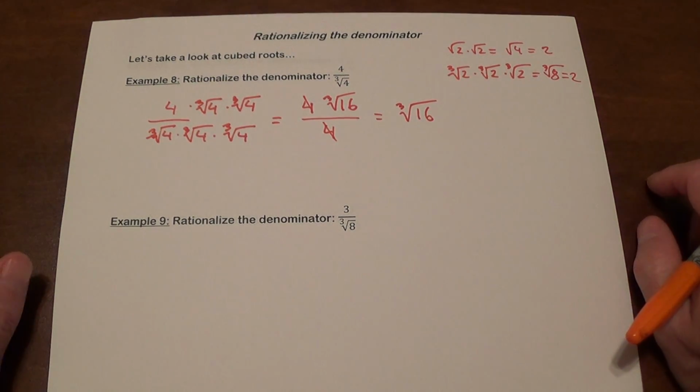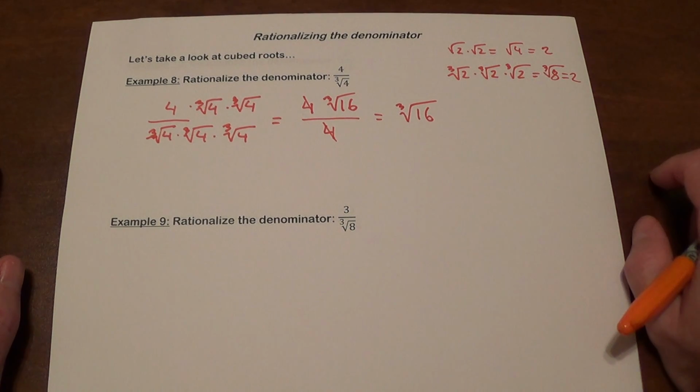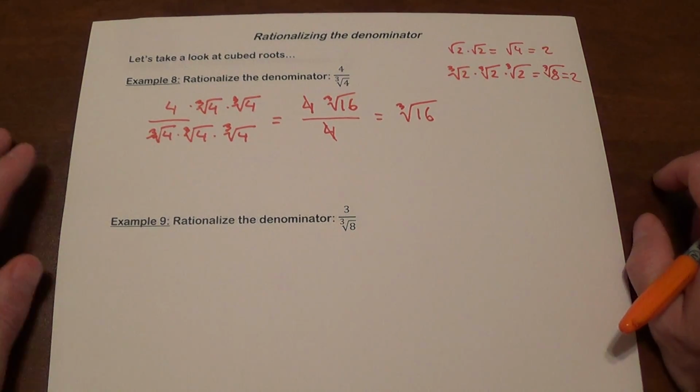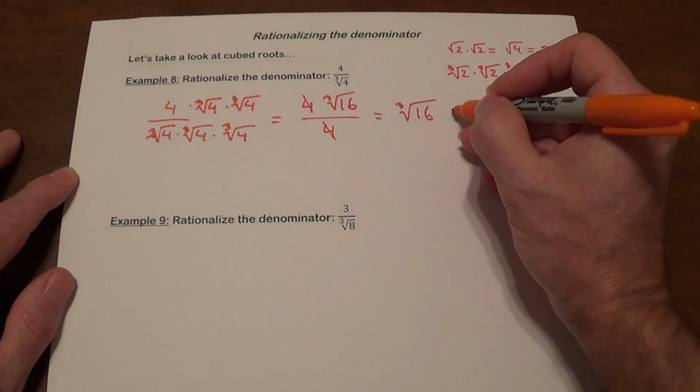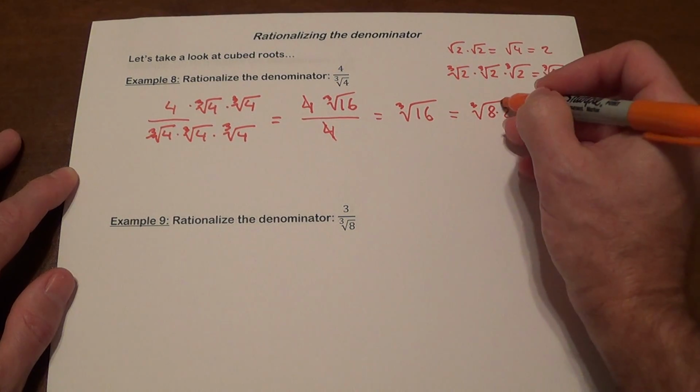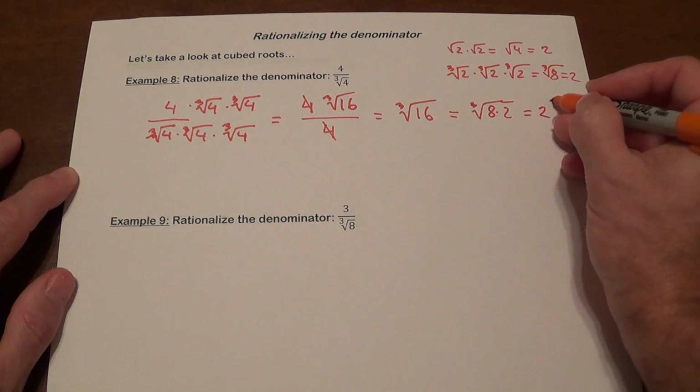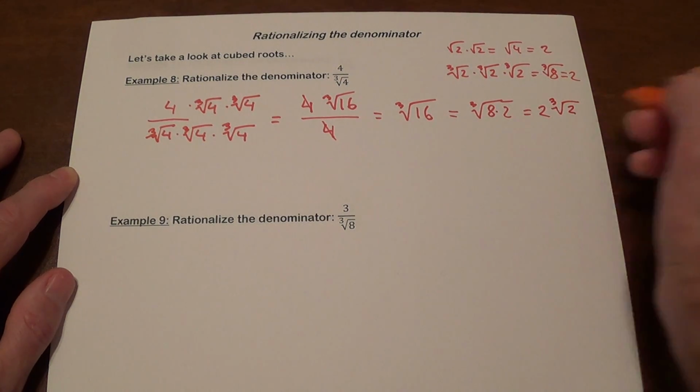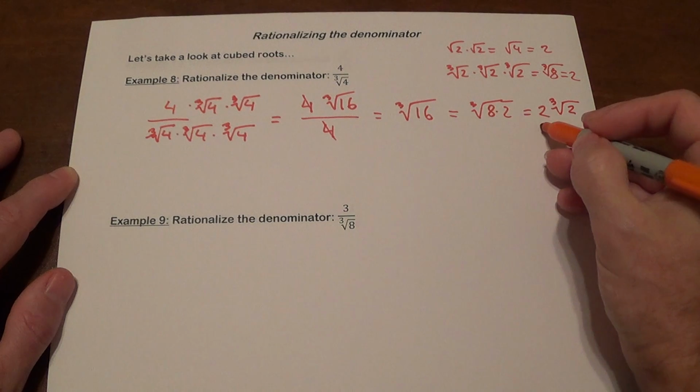But cube root of 16 can be simplified. 16 is 8 times 2, where 8 is a perfect cube. So cube root of 8 times 2, and that's going to give you 2 cube root of 2. And that is the answer here.